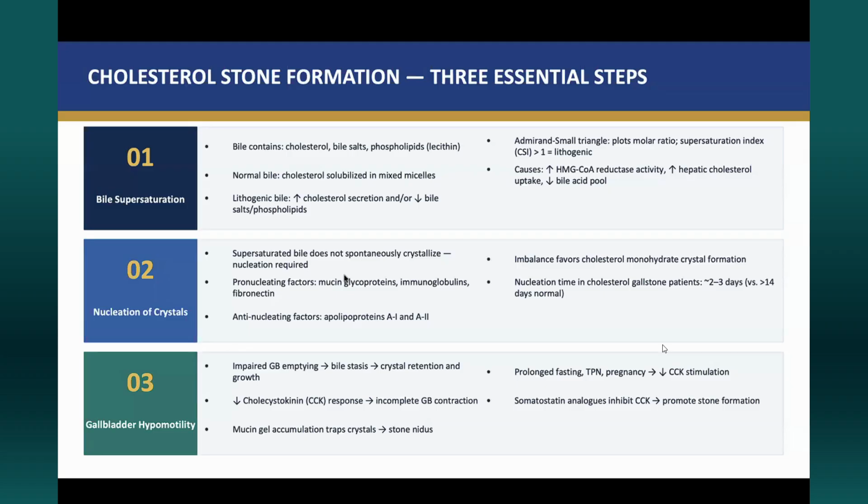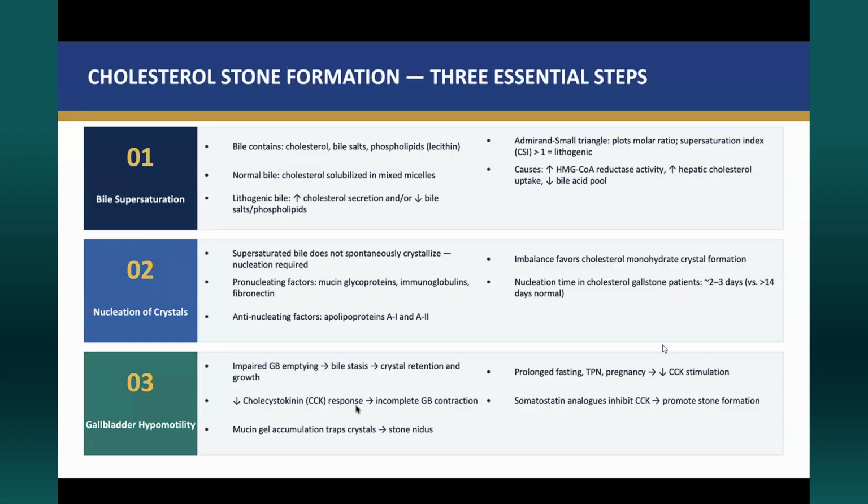Now, one of the factors in patients with gallbladder hypomotility is cholecystokinin. Anything you eat, your gallbladder contracts because of cholecystokinin. So there is a decreased cholecystokinin response. Maybe the amount is normal, but the response to cholecystokinin is decreased, and you have incomplete gallbladder contractions.